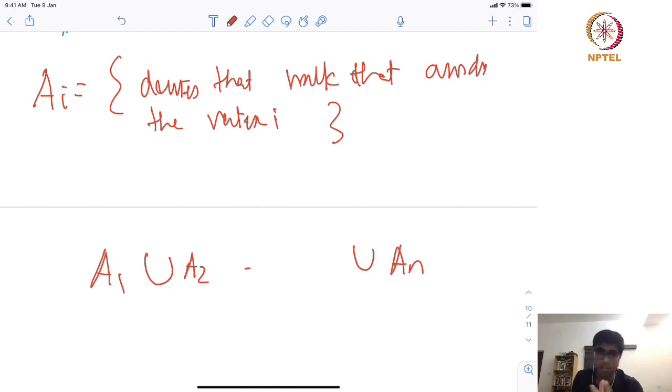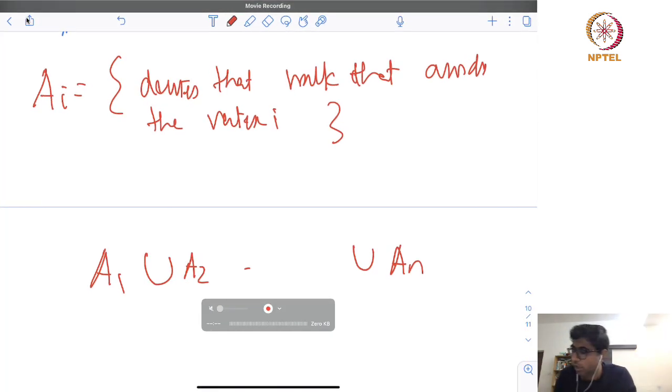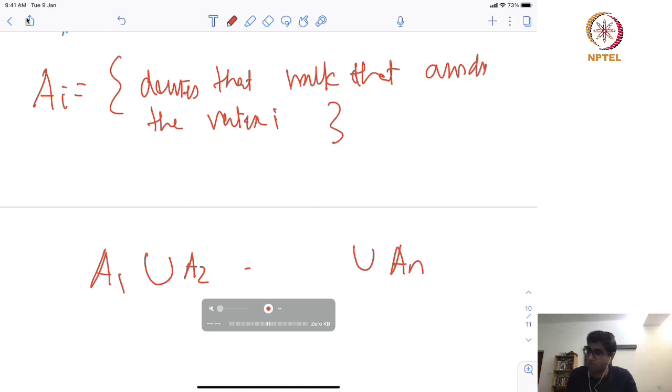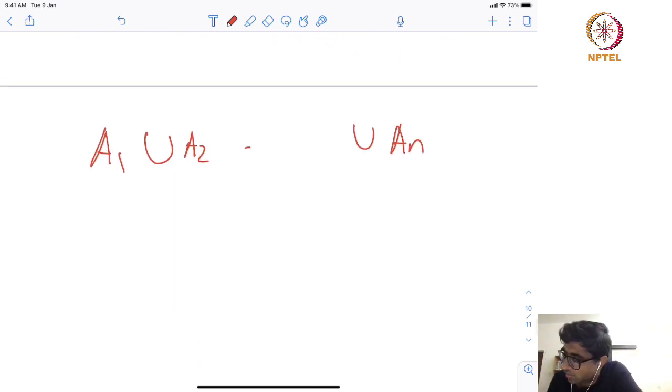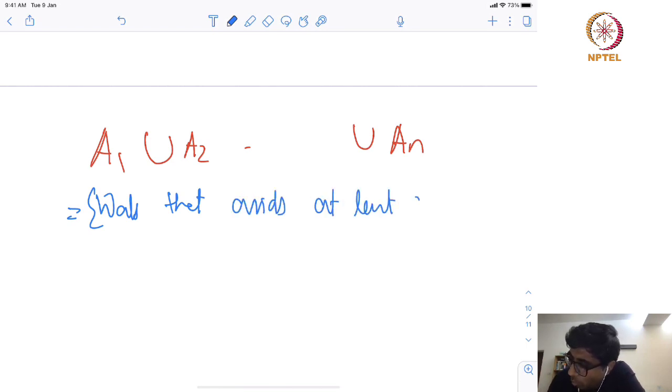So if I take the union A1 to An, what does it consist of? This consists of all walks that avoid at least one i.